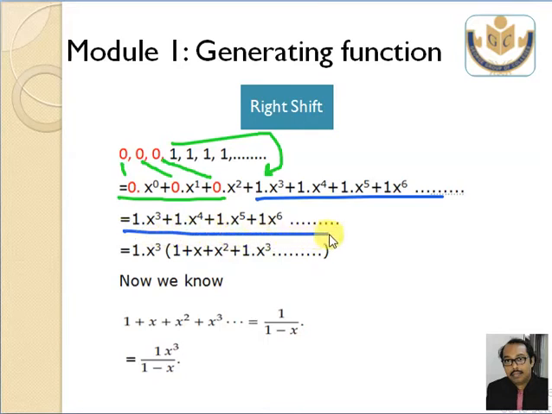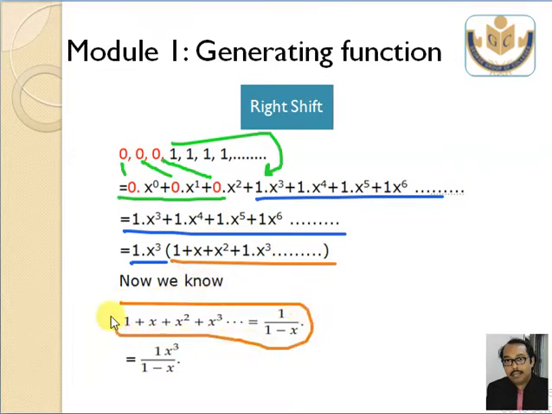Now this sequence is unknown to us because till now we don't know what is the function that starts with x cube. But we can take common 1x cube from this. If we take 1x cube common, so what is left? 1 plus x plus x square plus x cube. Now this is known to us. We know that this is 1 by 1 minus x.